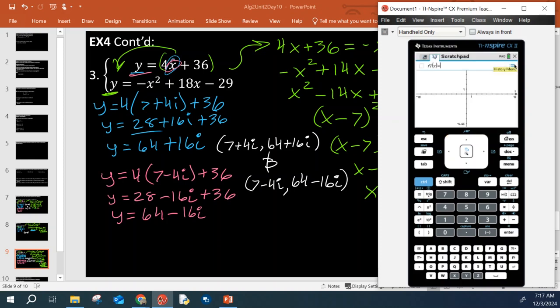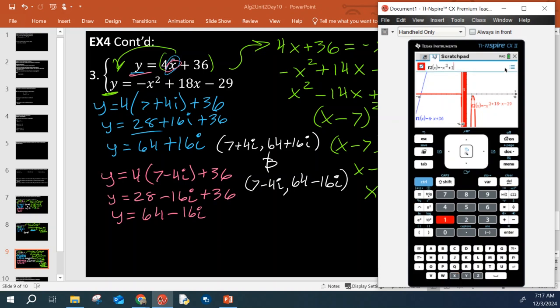So we've got 4x plus 36 and negative x squared plus 18x minus 29. And something went wrong when I entered this in. Oh, good Lord, I hate when it does that. Like, really?